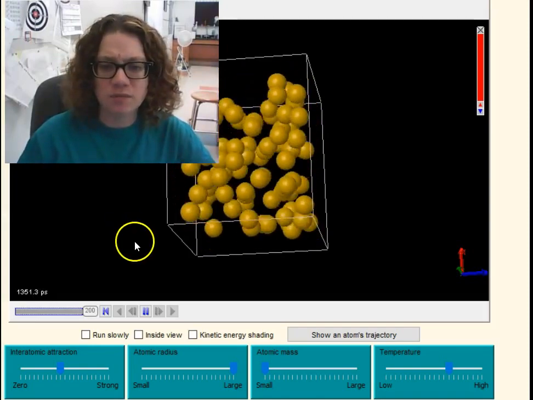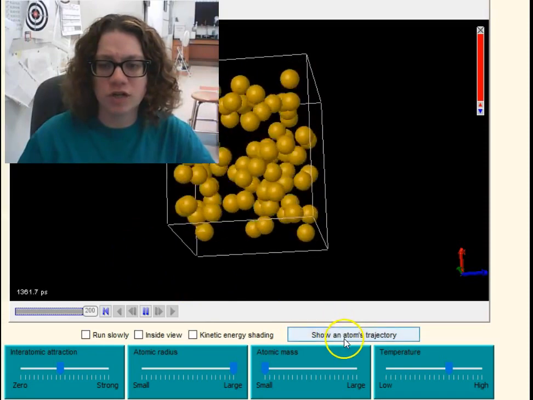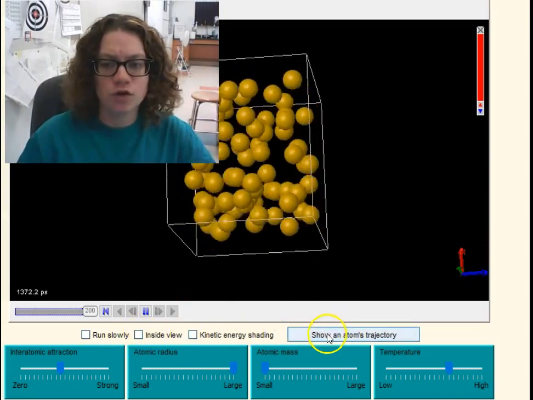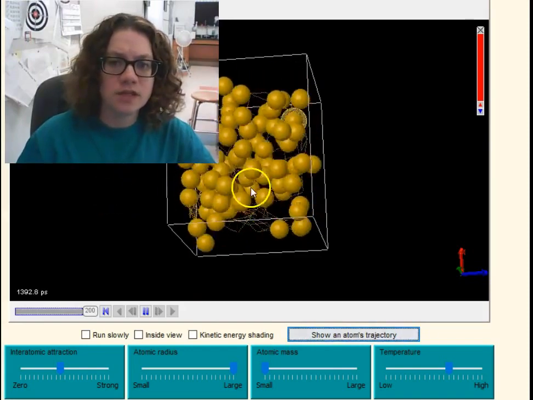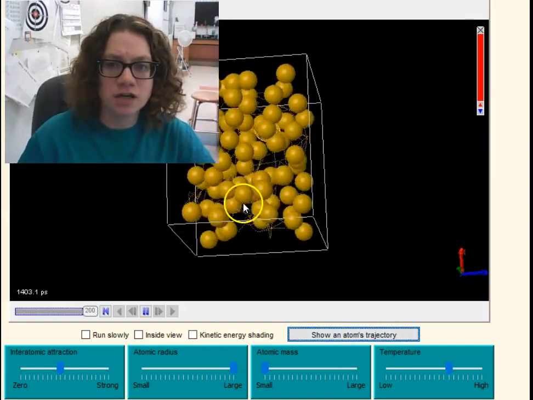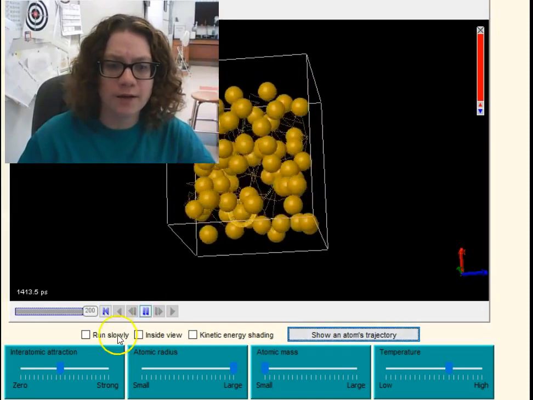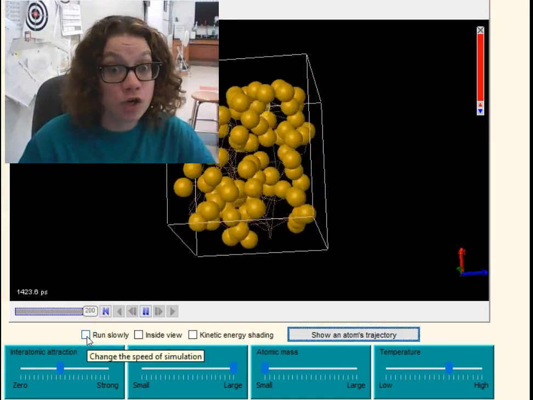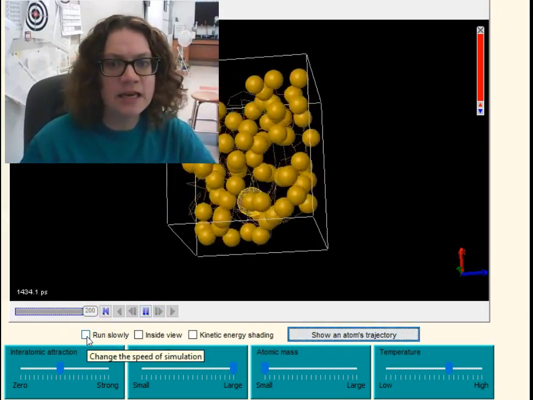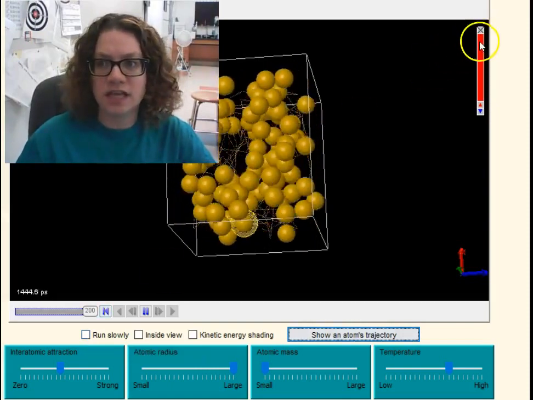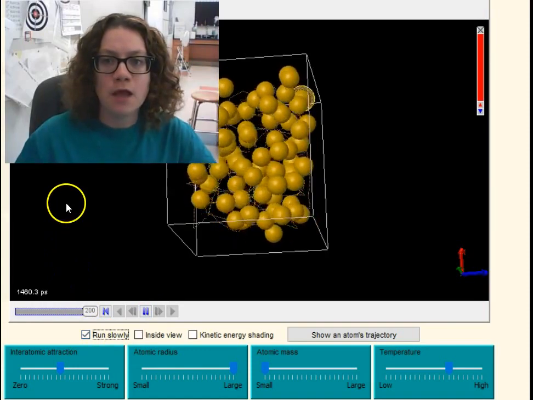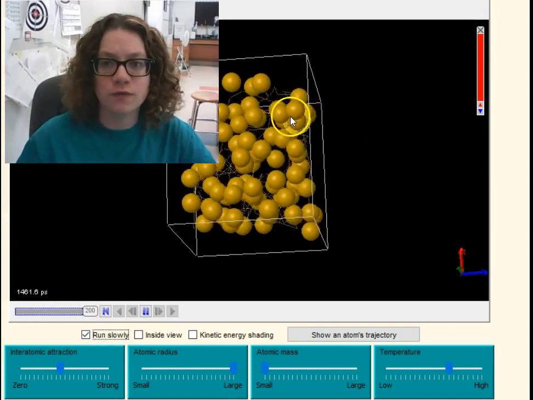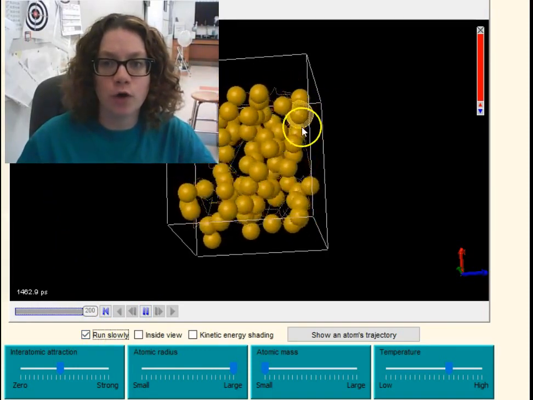So let me show you what I mean by random straight line pattern. I'm going to go ahead and do show trajectory. Now it's kind of hard to see because we're following one atom, but I'm going to click on run slowly so you can see this same thing with the same amount of kinetic energy in slow-mo. Now watch in slow motion as we follow this one particle.